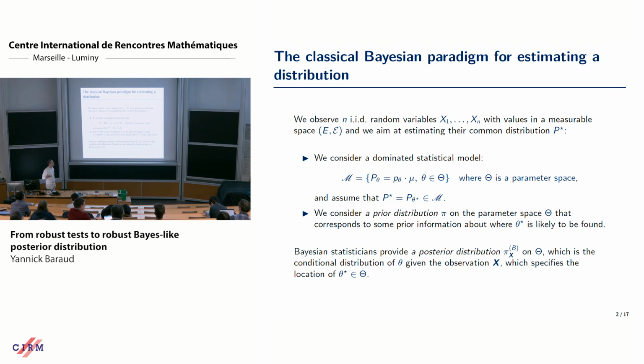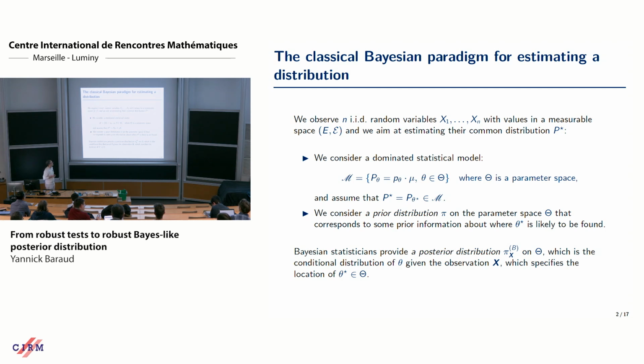I will have a parameter space, and I will have a parameter theta star that will be associated to the supposed distribution p star of my random variables. And since I'm going to have a Bayesian approach, I'm going to assume that on the parameter space, we also have what we call a prior, which is denoted by pi, which corresponds to some prior information we have on the location of the parameter theta star.